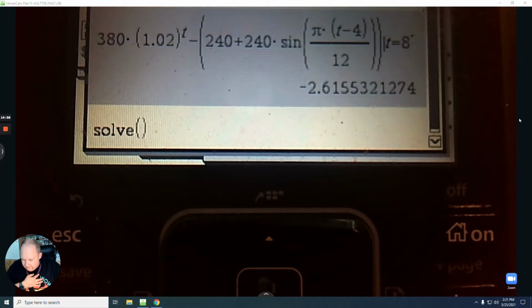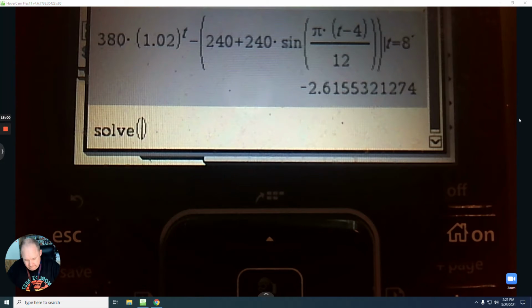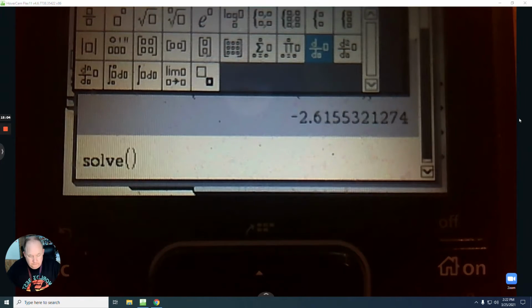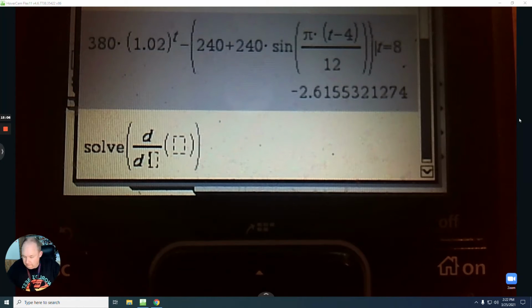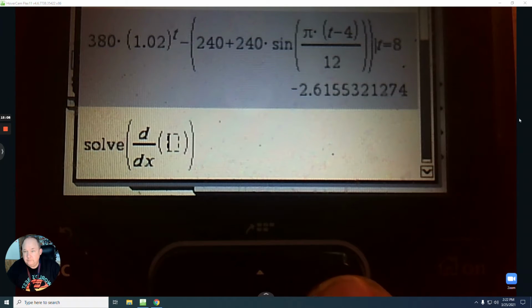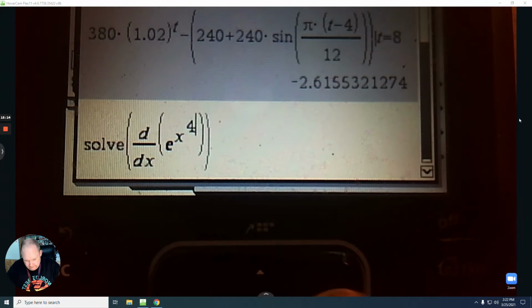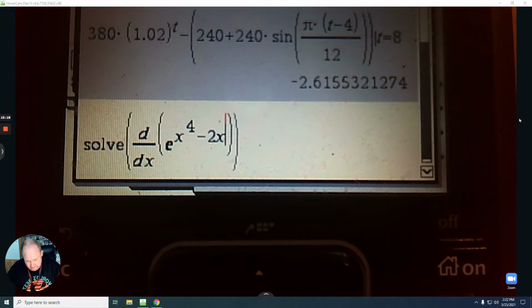And what you're solving is the derivative of e to the x to the fourth, subtract 2x squared, plus 1.